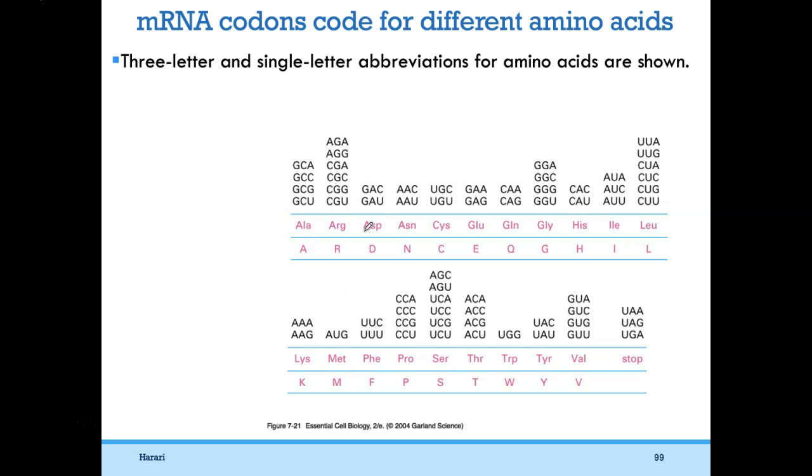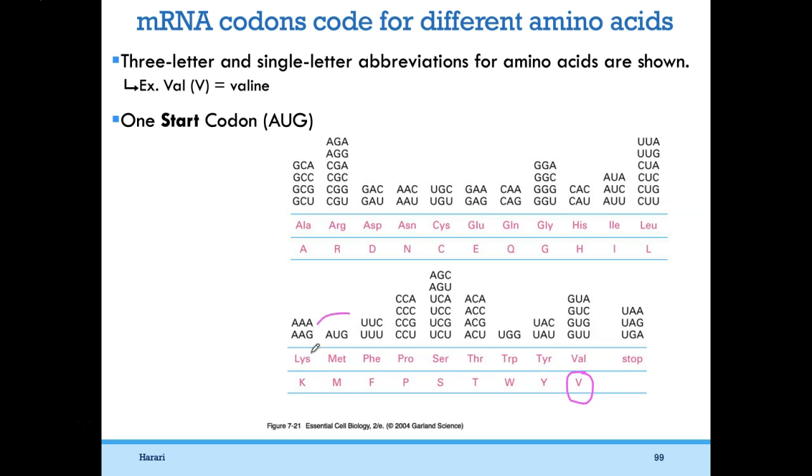You can see a 3-letter abbreviation for each amino acid, and there's a 1-letter abbreviation for each amino acid. So for example, valine is abbreviated with V, and GUA, GUC, GUG, or GUU are the 4 possible mRNA codons that would specify a valine amino acid.